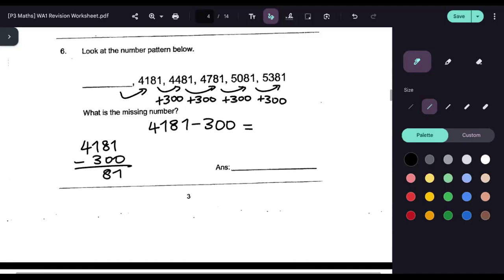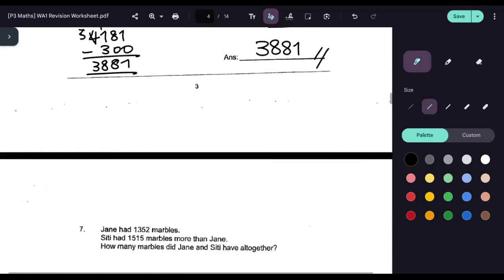So the answer will be 3881. I know it's a bit fast because my laptop is super slow, but I think y'all can understand. If can, go on to the next one.